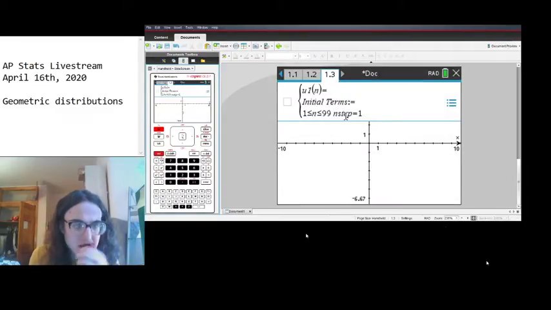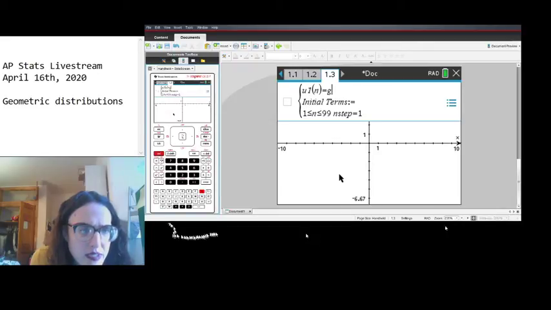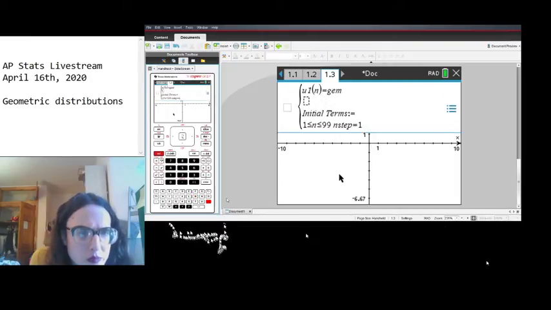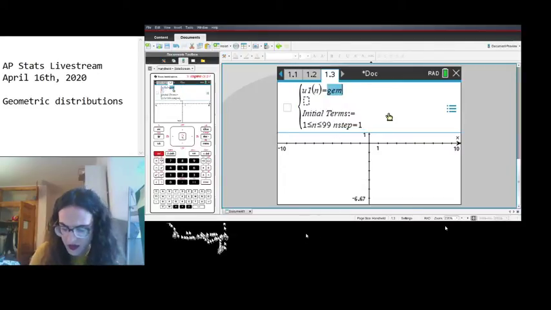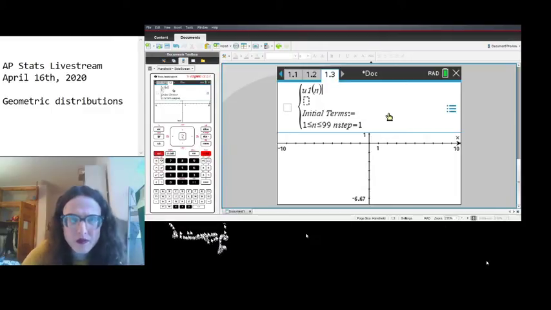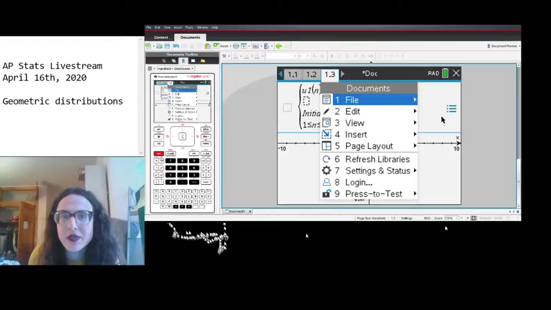Let's just go ahead and type this in directly. This is so hard to do on screen. I am not used to doing this on screen. Let's try this one over again.